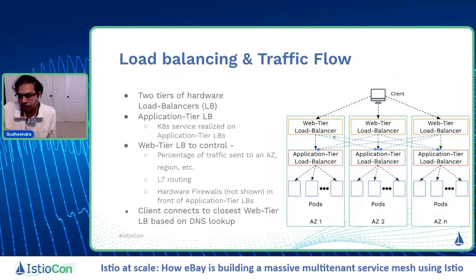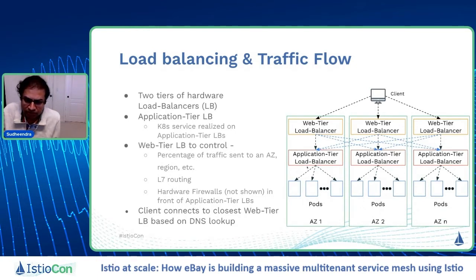So with all these workloads deployed in these clusters, how does the load balancing and traffic flow work? This gives a pictorial view of the traffic flow. We have two tiers of hardware load balancers today: the web tier and the application tier, or app tier.